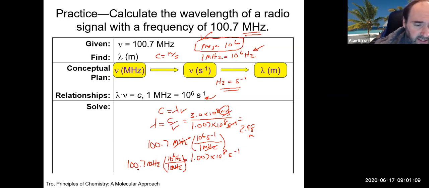So basically we take 100.7 and we times it by essentially 1 times 10 to the 6. So on your calculator, you could take 100.7, multiply it, and you can probably just go 1 exponent button 6, and it should get you to this number here. And again, a hertz in this case is the same as a reciprocal second, so that's why it comes out that way.